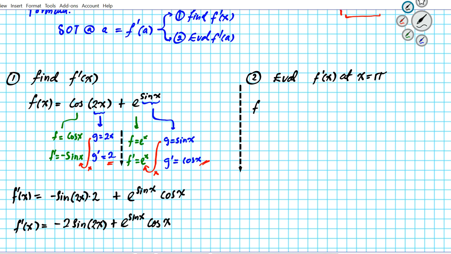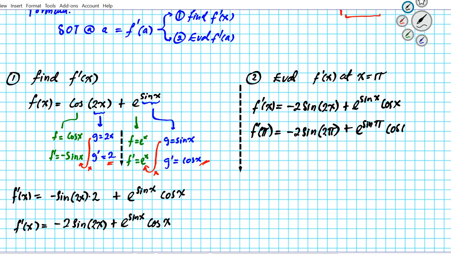So f prime of x, let's just rewrite it so we don't make any mistakes, is negative 2 sine 2x plus e to the sine x cosine x. All right, and then f prime of pi, we just plug in pi into all the x's, okay? So we have negative 2 sine 2 pi plus e to the sine pi cosine pi.